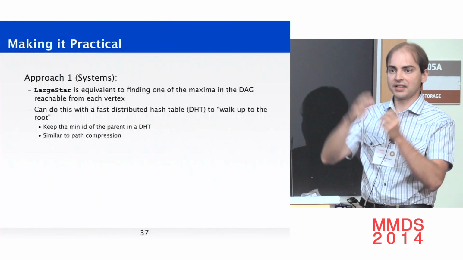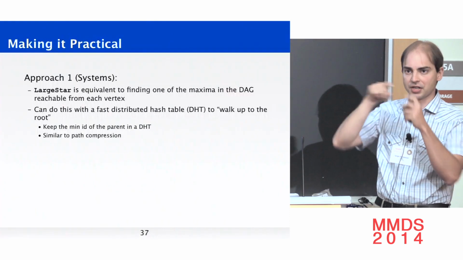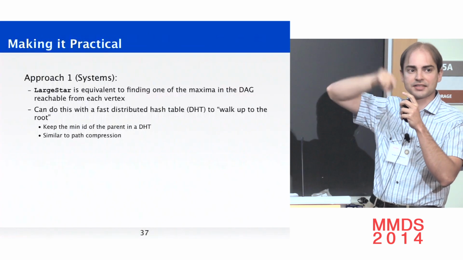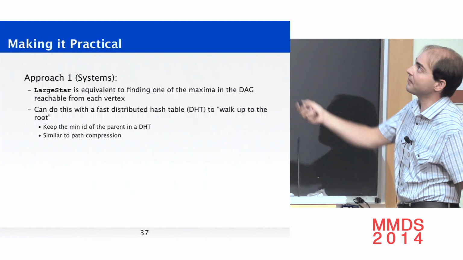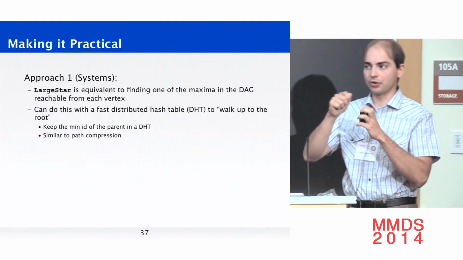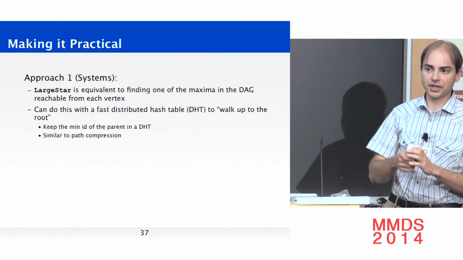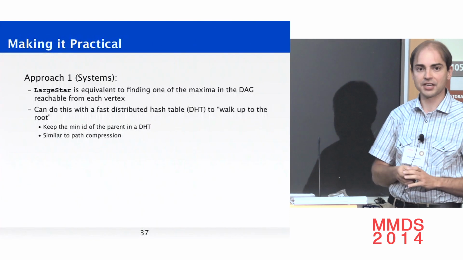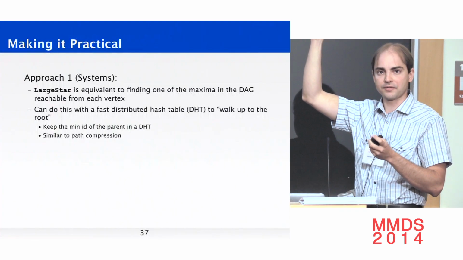But I can also say, if the graph doesn't change, I'm going to do a form of path compression, and I'm just going to look up who I connect to in the very end. If I have access to a distributed hash table that records for every node who the parent is, I'm just going to follow the links in the hash table all the way to the root.